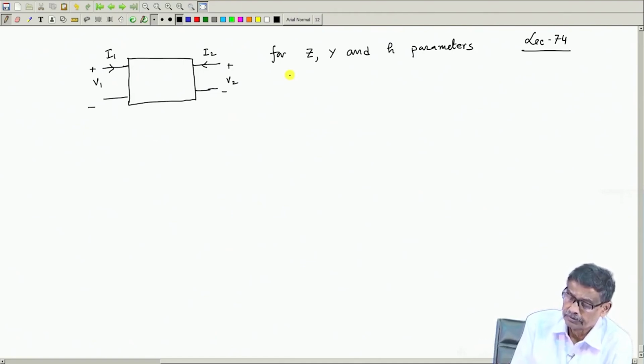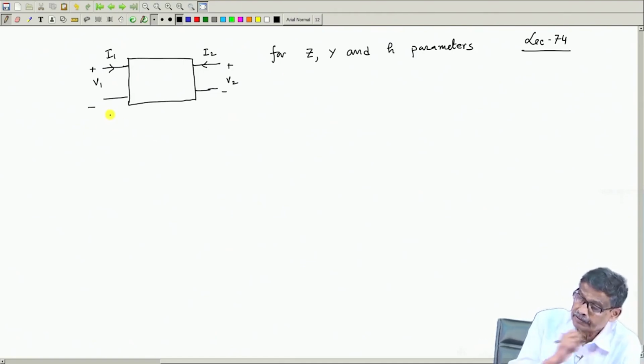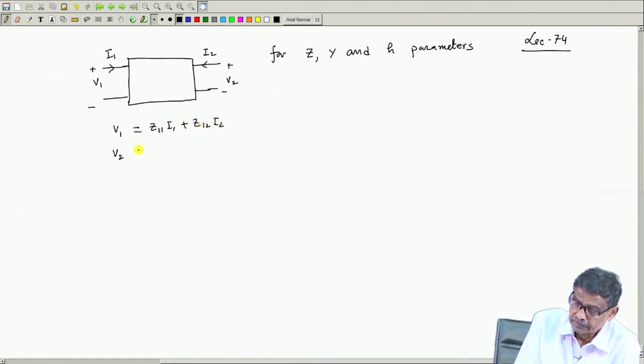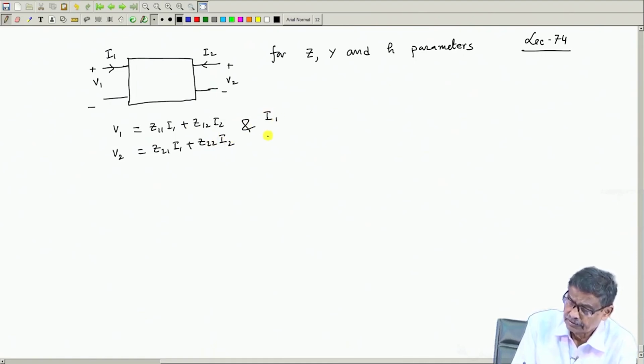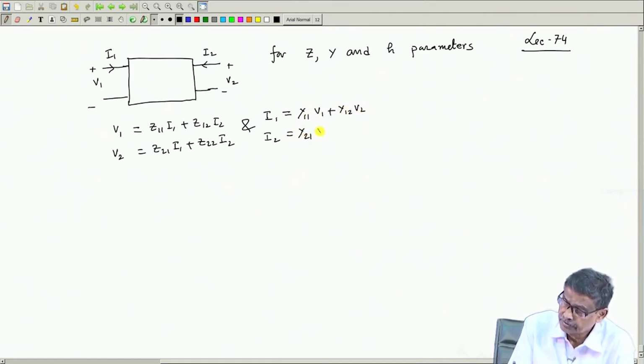Based on that we have found out these things: in case of Z parameters, voltages are on the left hand side, and it was like this: V1 equals Z11 I1 plus Z12 I2, and V2 equals Z21 I1 plus Z22 I2. These I1 and I2 can also be represented as Y11 V1 plus Y12 V2, and Y21 V1 plus Y22 V2.